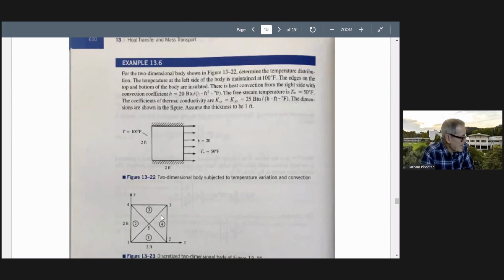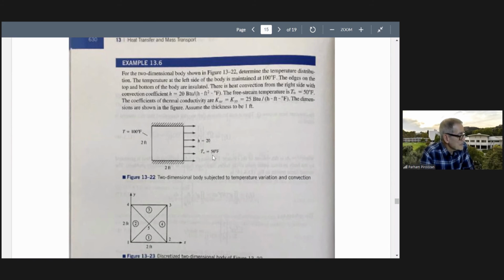Since we do it by hand, let's make a coarse mesh here. This is the problem. It is a two-dimensional body, 2 feet by 2 feet, and thickness is 1 foot. Insulated here, insulated, temperature at this end 100 degrees Fahrenheit.